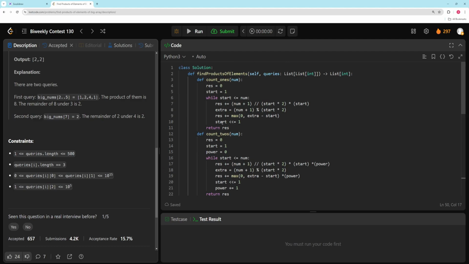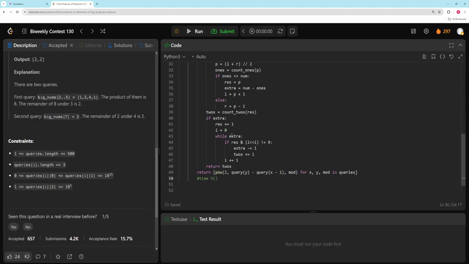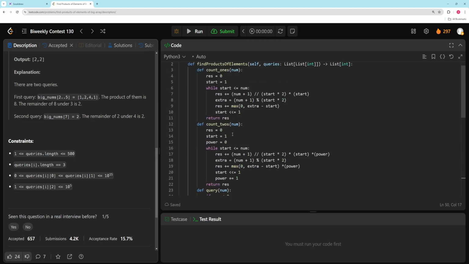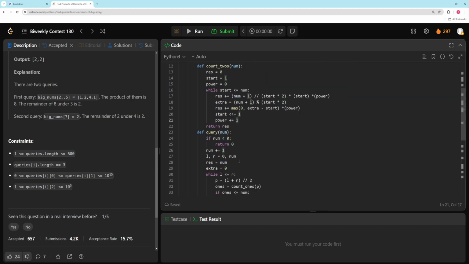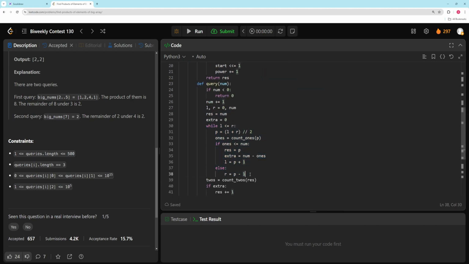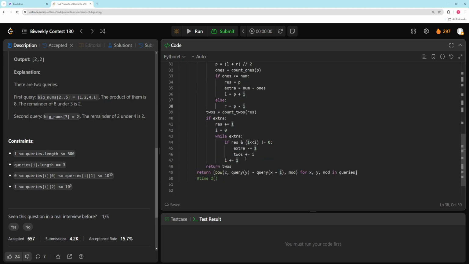So that'll be that. And then you also have to do count 2s, which is the same exact thing. So this is a log and another log. Now the binary search is another log. So let's call this the number of queries.